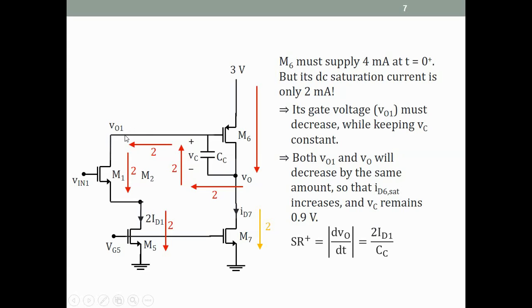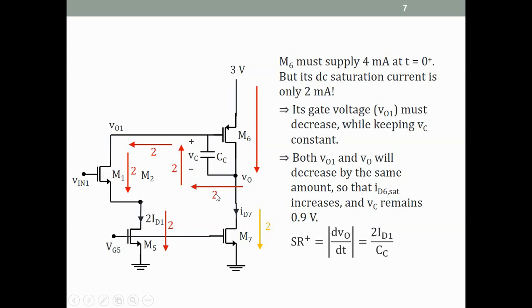Can VO1 decrease while keeping Vc constant? Again, we are talking at t equal to 0 plus. At t equal to 0 plus, Vc is whatever it was, 0.9 volts. The only way VO1 can decrease is if VO decreases by the same amount. Then Vc remains constant, VO1 becomes lower, M6 can supply a larger current, and all the laws of electronics are satisfied.